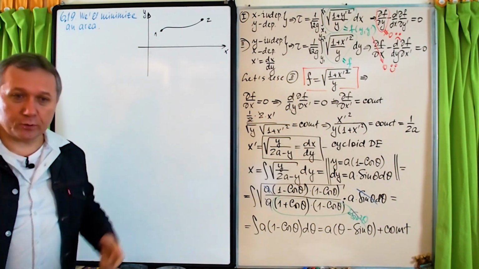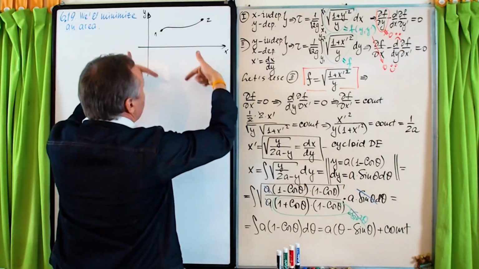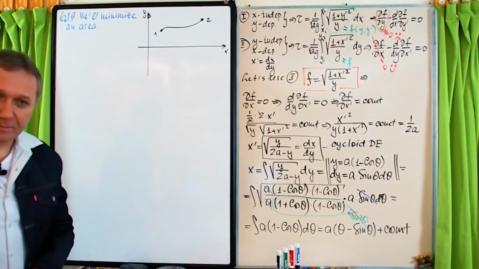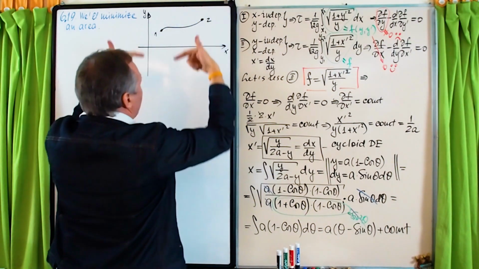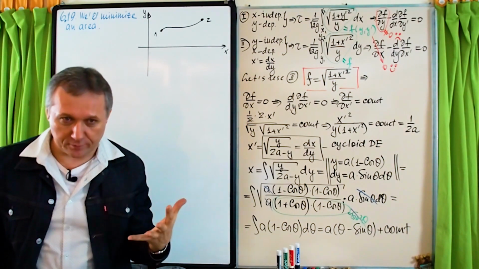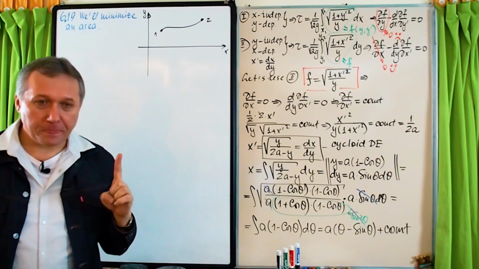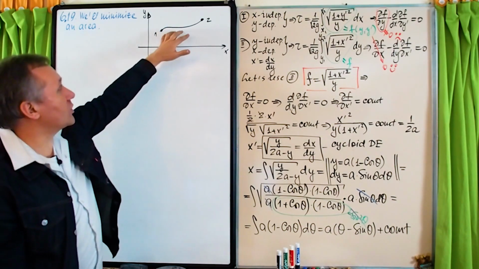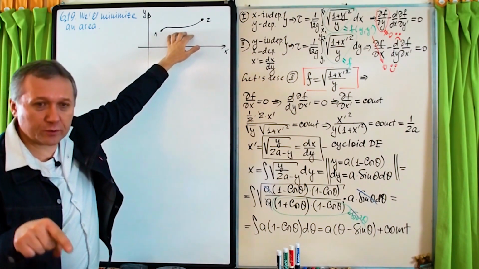And now if you start spinning this curve around the x-axis, right? So you see this curve, and if you start spinning around the x-axis, of course, you're going to get what is called the surface of revolution. So the problem is, we need to find the shape of this curve so that the surface of revolution would be minimum.